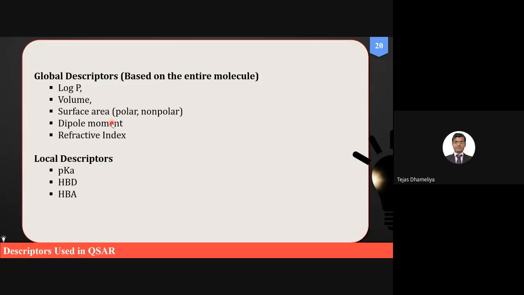Dipole moment is not applicable to, say, the hydroxy functional group of aspirin, but is applicable to the whole molecule. Dipole moment is applicable to the whole water molecule, the whole NH3 ammonia molecule. The NH bond alone does not have the dipole moment, but the ammonia molecule does.